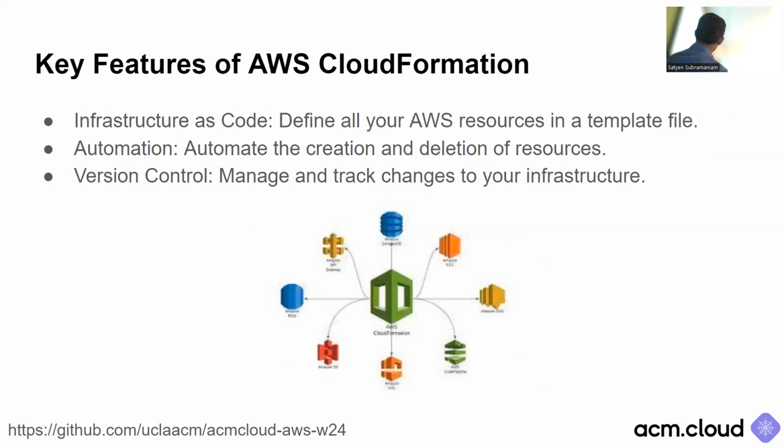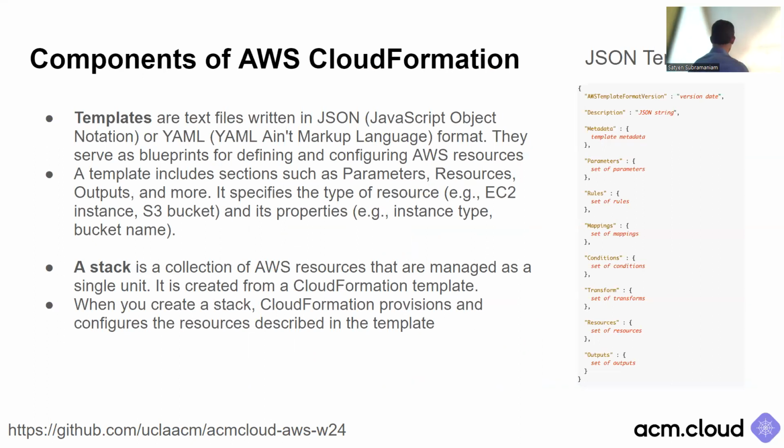Okay, so tying back into infrastructure as code as a concept, with CloudFormation we meet this requirement because it's an example of us actually creating a template to store code, and we can version control the templates. So we get all the advantages of version control. Okay, so what does it really mean to create a CloudFormation template? On the right here, it's kind of hard to see, there's an example of what a typical template would look like.